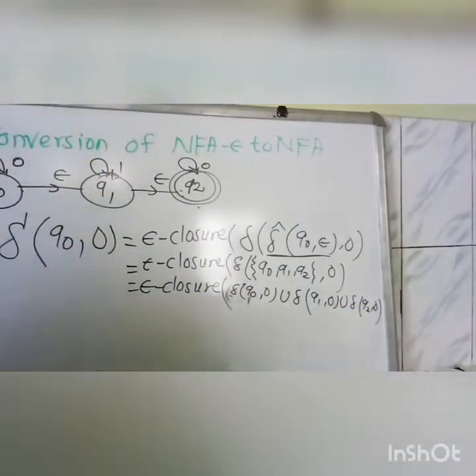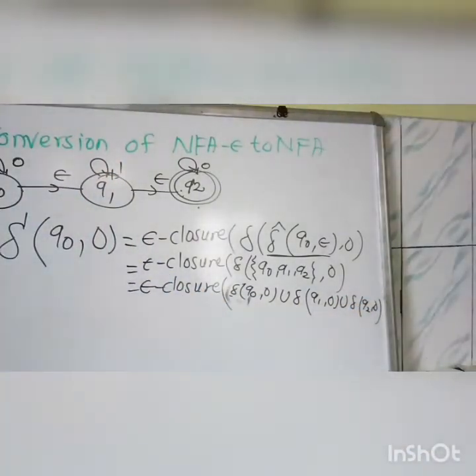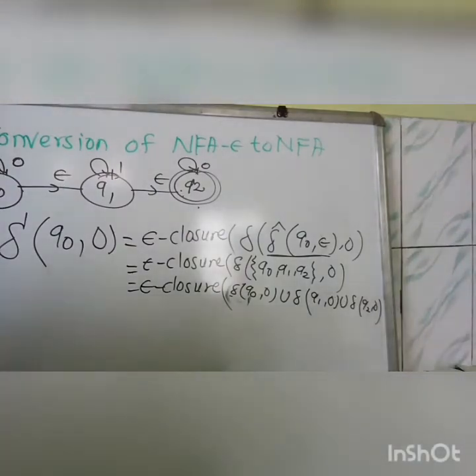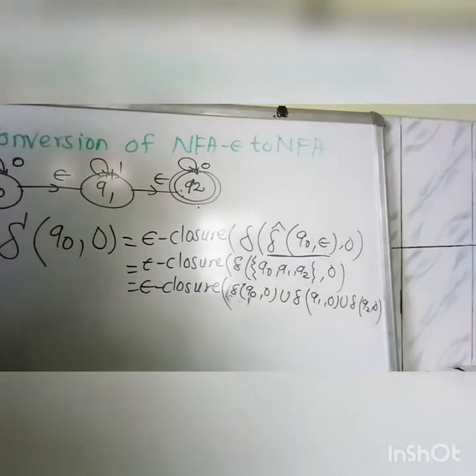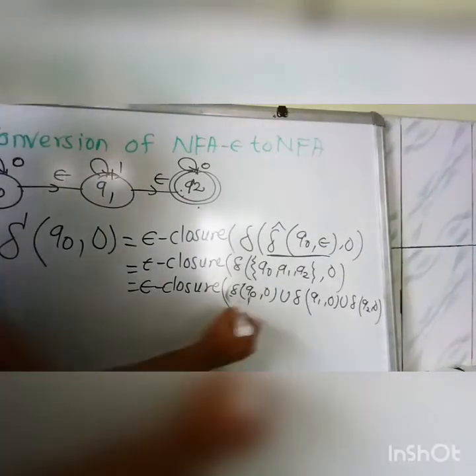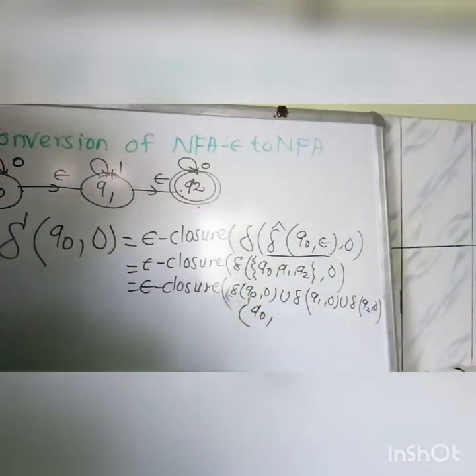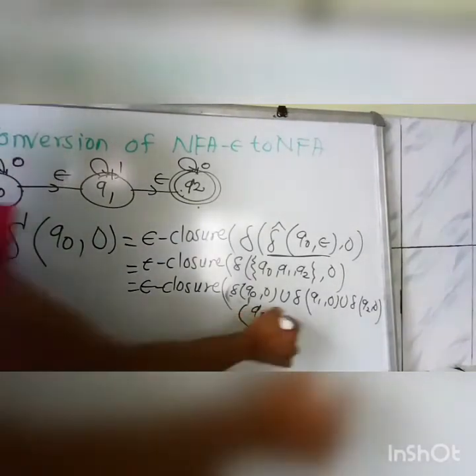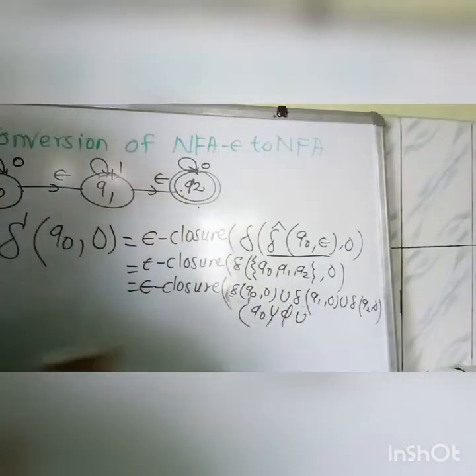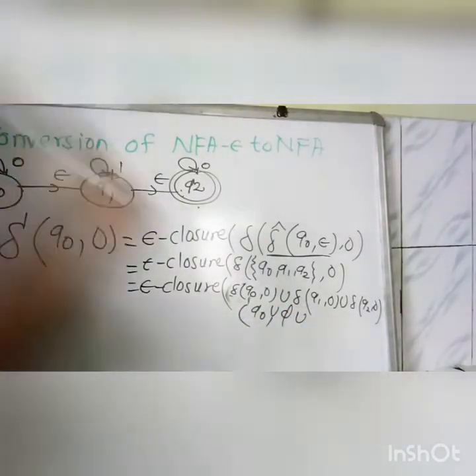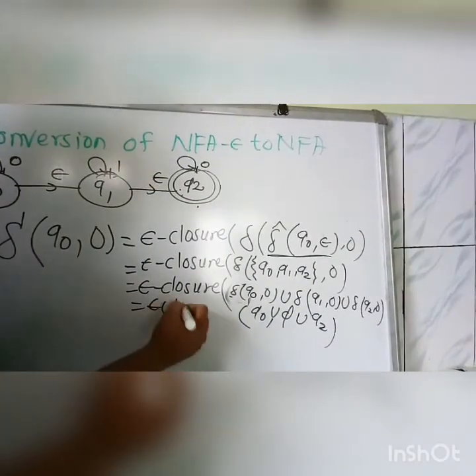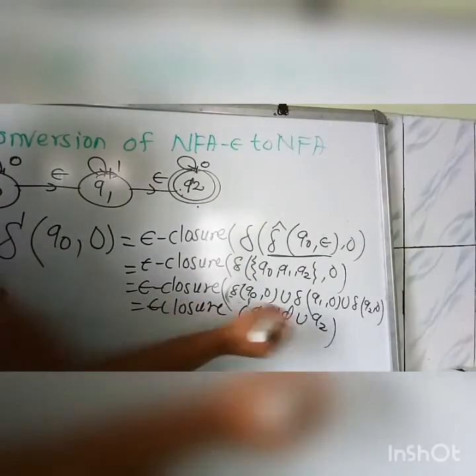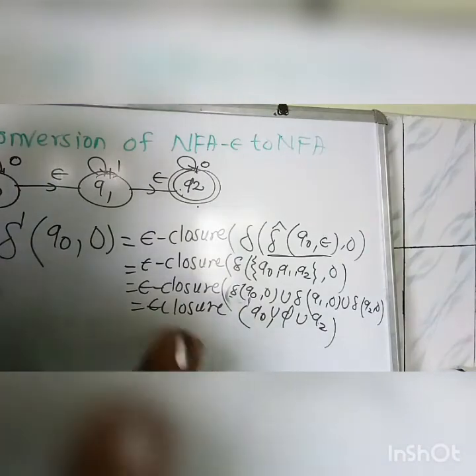Now the delta of Q0 on 0, Q1 on 0 and Q2 on 0, we will refer from the table. That is Q0 on 0 is Q0, then Q1 on 0 is phi, and Q2 on 0 is the state Q2 itself. Now we will take the epsilon closure of Q0, Q2.